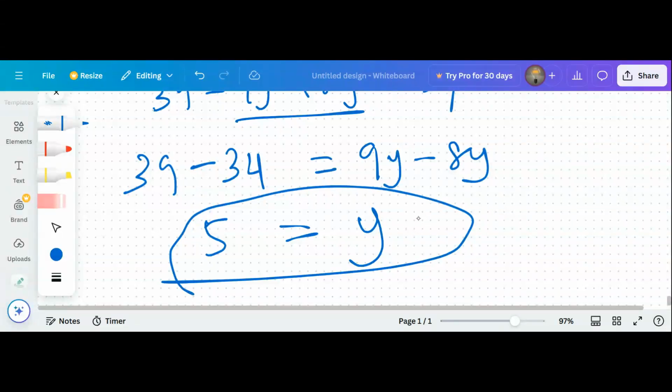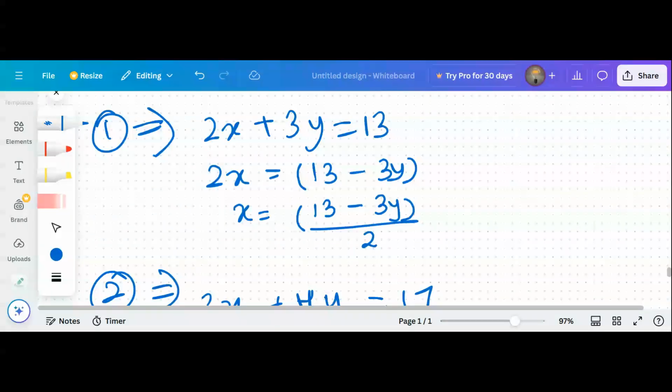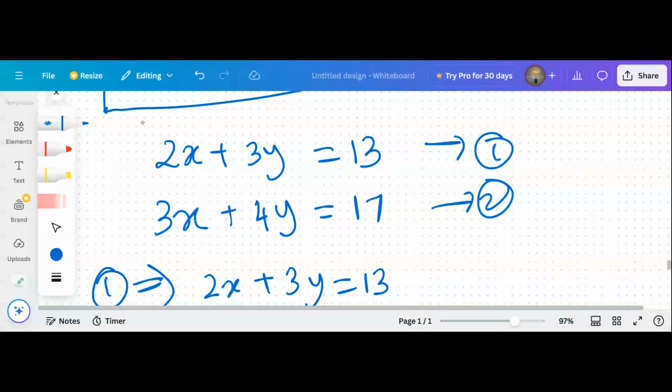Now you can take either of the two equations from the start, put the 5 there and find the x. So this is called the substitution method.